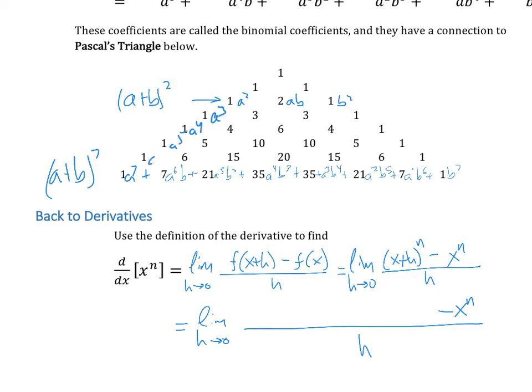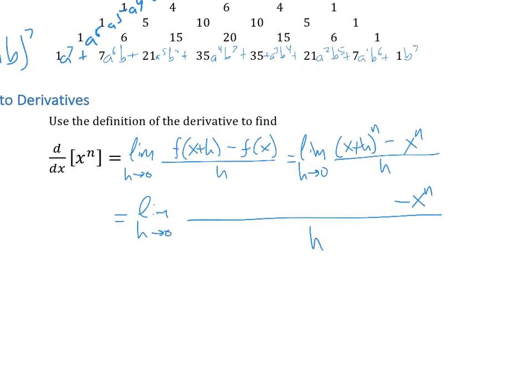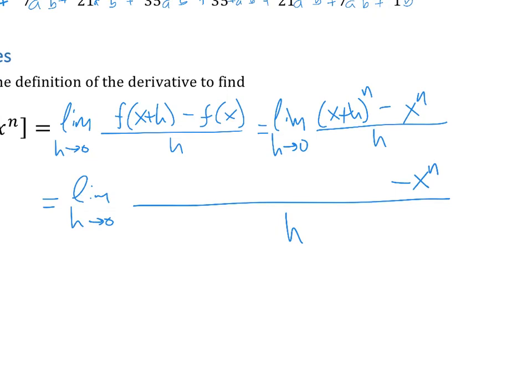So no matter what the degree is, we're going to start with the first thing to that power, and then we're going to end with the second thing to that power. And we're going to have a bunch of other products in between. So that tells us that the first term will be x to the n.